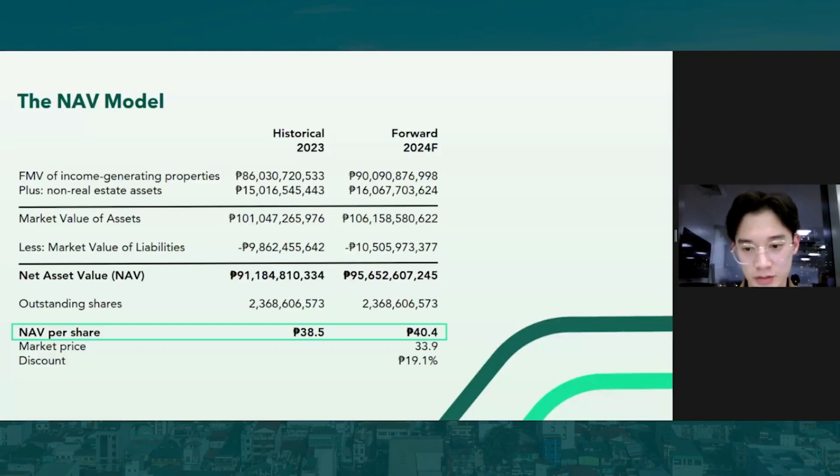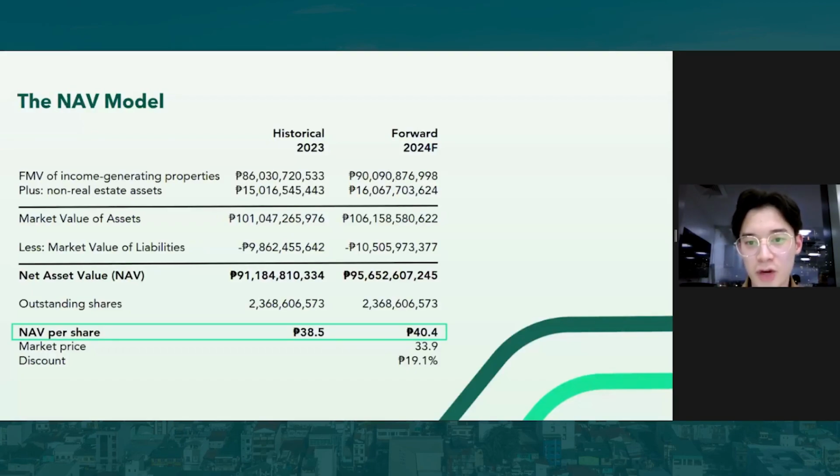And now this is AREIT's NAV model. So AREIT has 2.4 billion outstanding shares. And now we have to divide the net asset value by its outstanding shares. So for 2023, a historical period, we'd arrive at a NAV per share of 38.5 pesos per share, while for 2024, the target would be 40.4 pesos per share, which is a discount of 19% from the market price of 33.9.